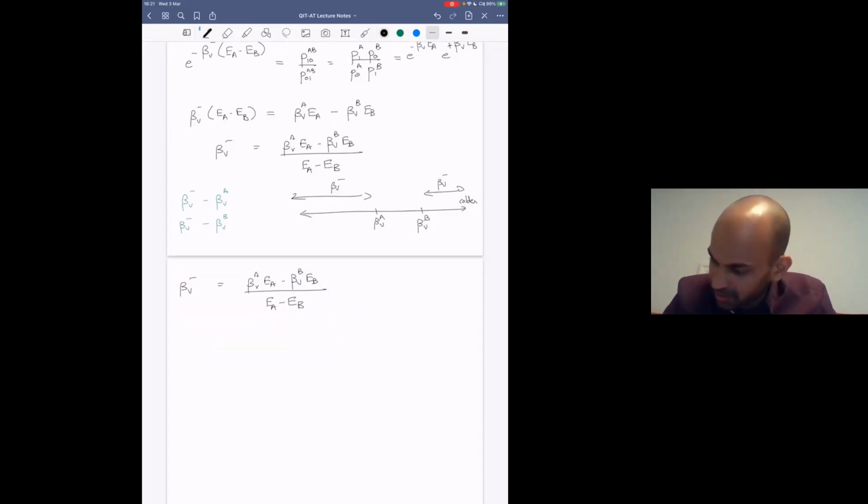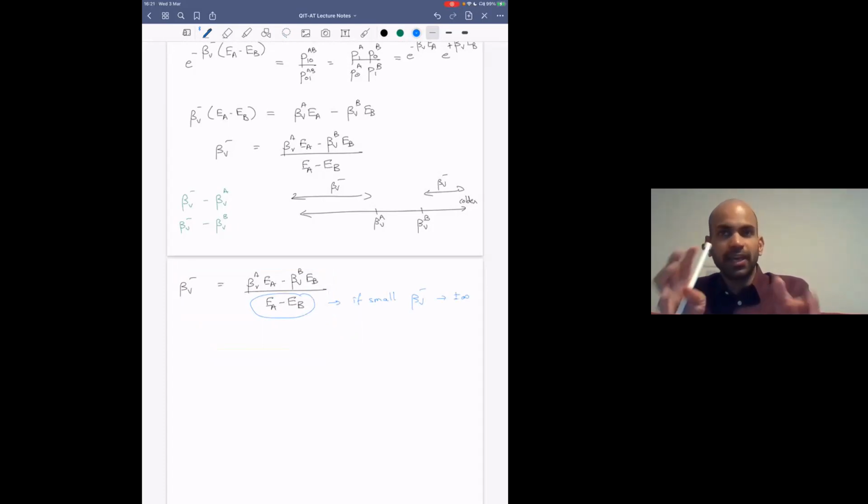And the reason is because this thing in the denominator, EA minus EB, if it's small, then you can see that beta V minus approaches minus infinity or plus infinity. This is something that's written in the lecture notes in more detail, but you can easily do a little exercise to see that by tuning EA and EB to certain values, you can get beta V minus to be as large as you like or as small as you like, including negative values.